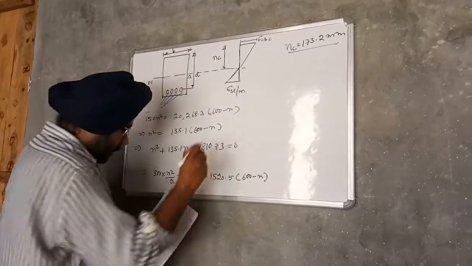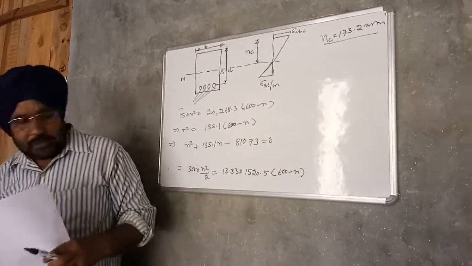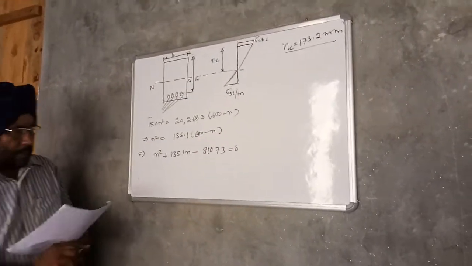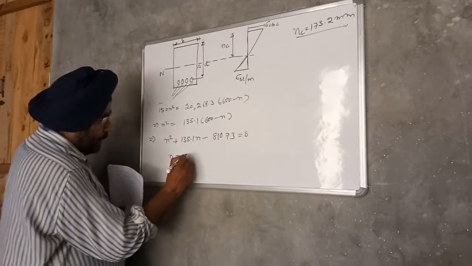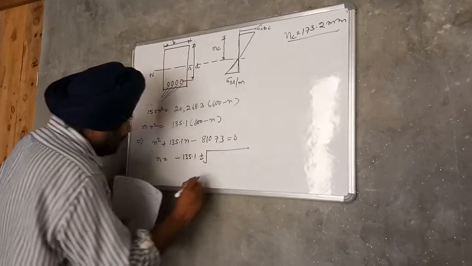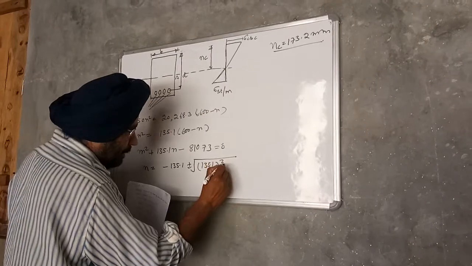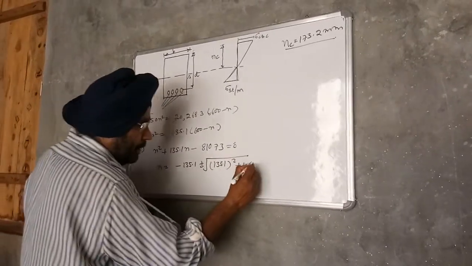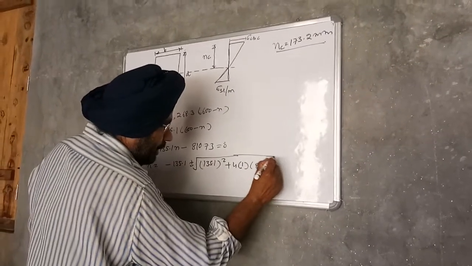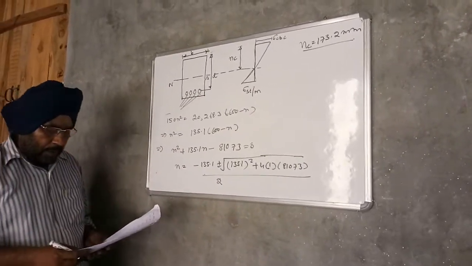This is a quadratic equation in n having two values. n equals minus 135.1 plus or minus square root of b square minus 4ac, all divided by 2a, with a equal to 1 and c equal to minus 81073.